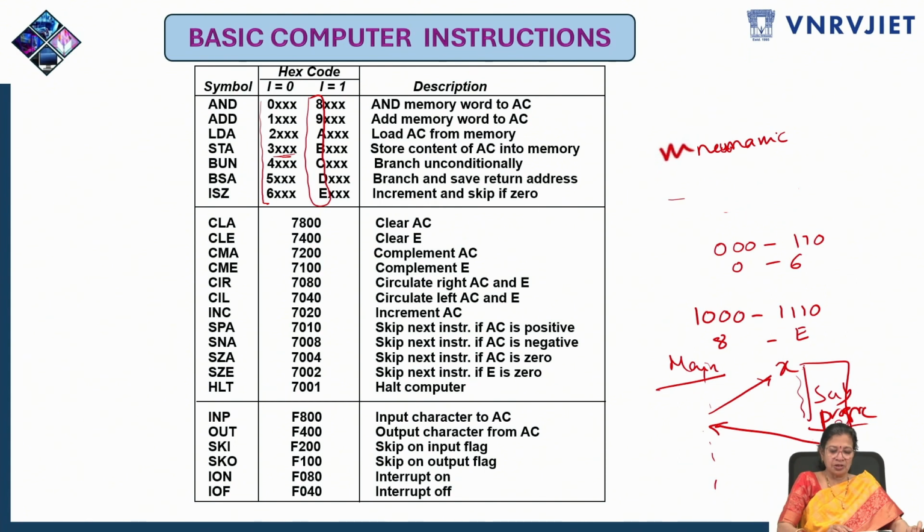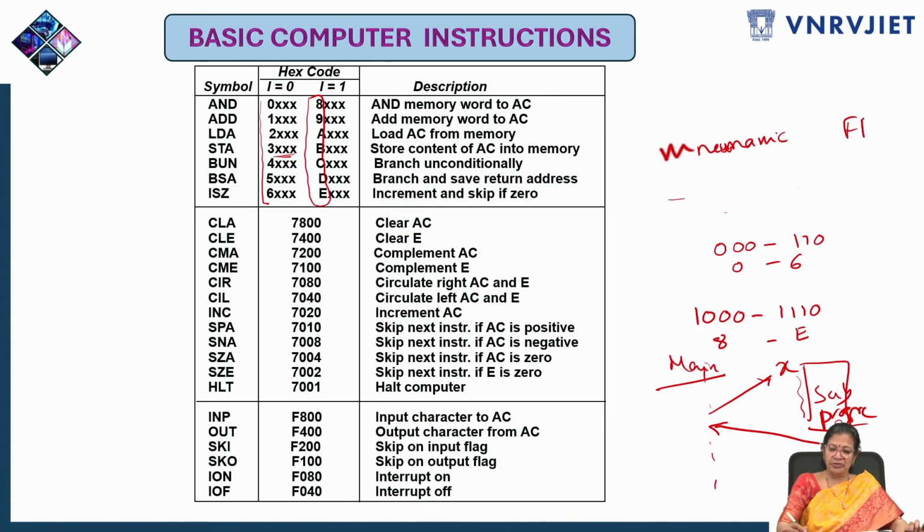Similarly, sometimes we have to count for certain programs, like if you increment and it is not 0, then skip. If we are counting some 10 numbers, then what I do is take some number which, if I add 10, results in 0.